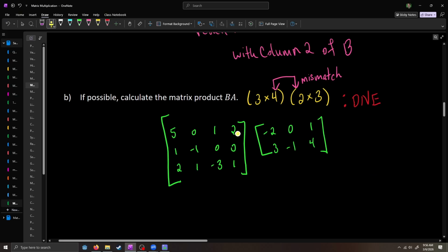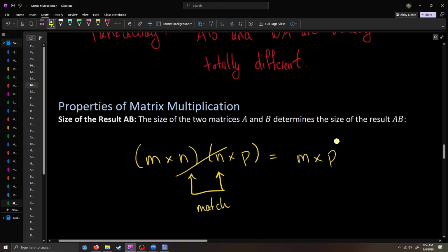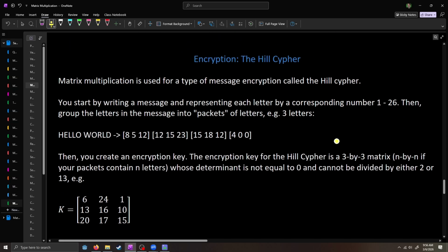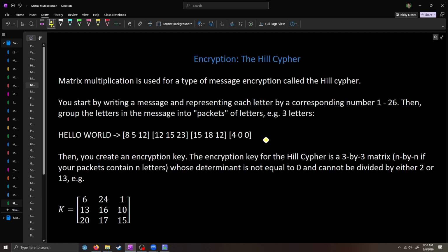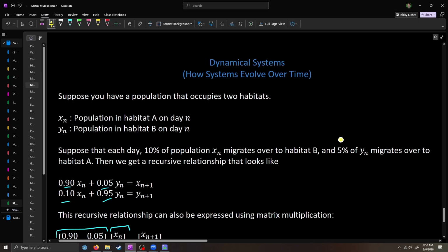So you can get completely different results depending on whether A is first and B is last, or B is first and A is last. So be careful about that. And some of the quintessential applications of matrix multiplication are in message encryption, for example, the Hill cipher, as well as in measuring the evolution of systems over time.